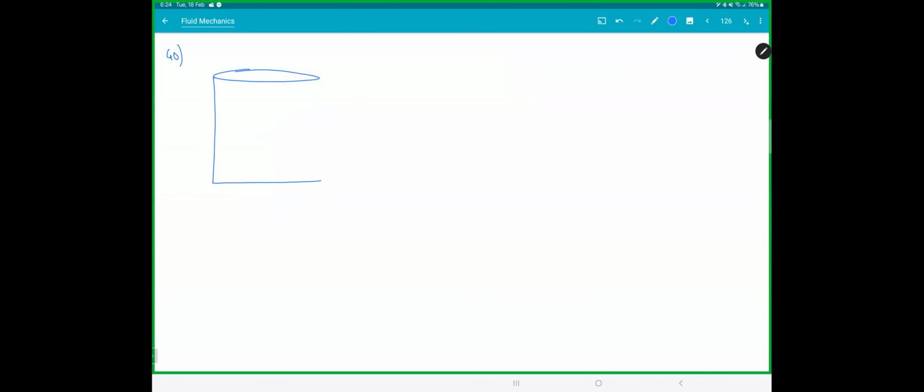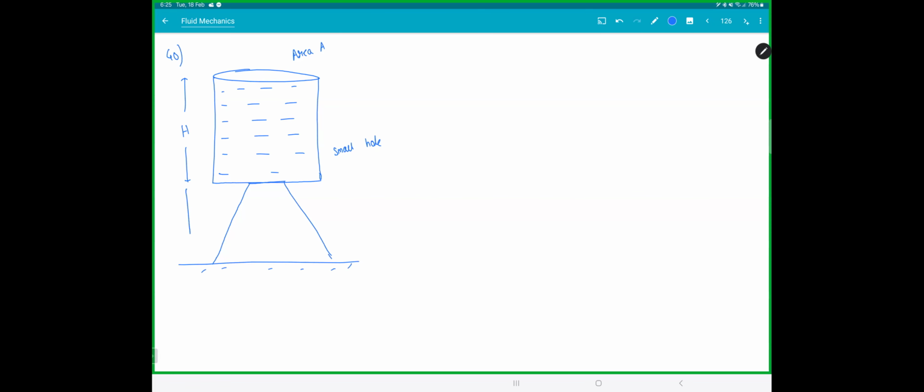We have a container. We have a small hole. This area is a, fully filled with liquid. Height is h. This is placed on a platform of height h.